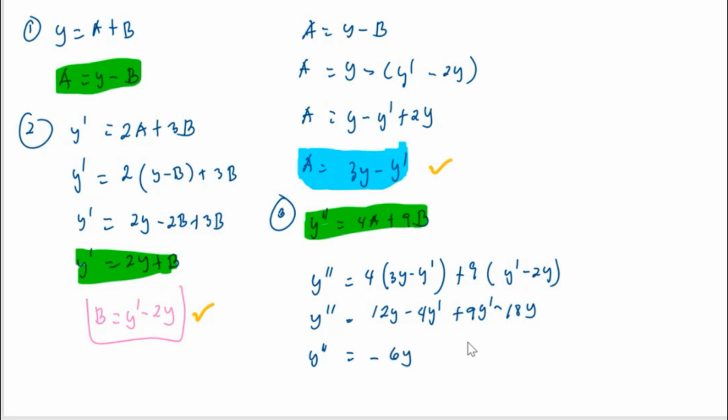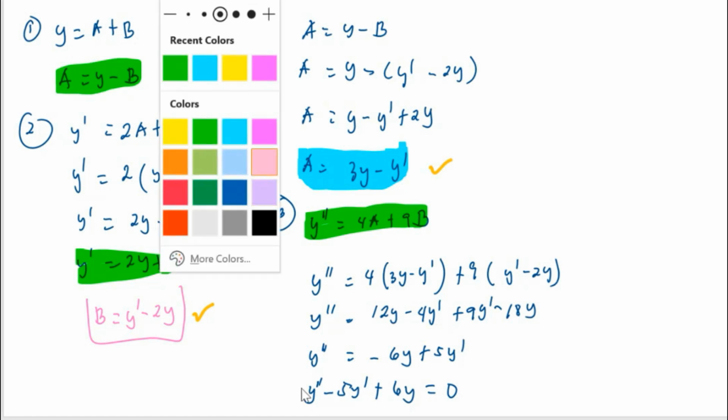In terms of y prime, negative 4y prime plus 9y prime is equal to 5y prime. Now, I'm going to equate this equation to 0 and arrange it at the same time. So y double prime minus 5y prime plus 6y is equal to 0. And this is now our final answer.